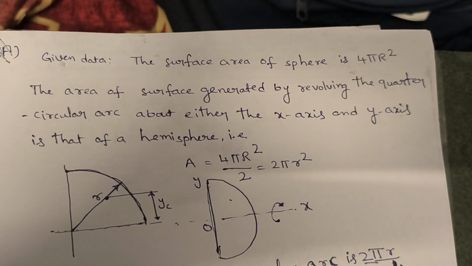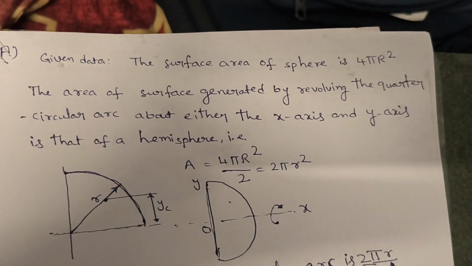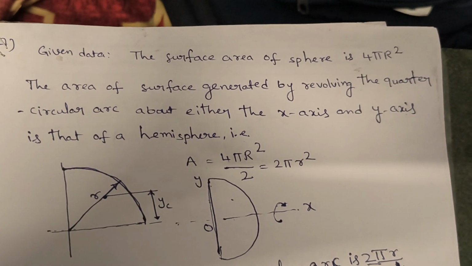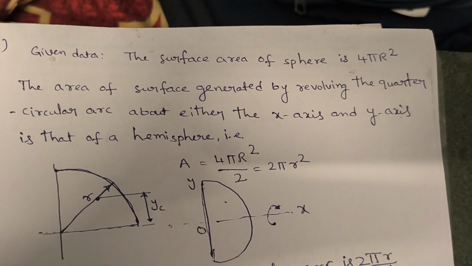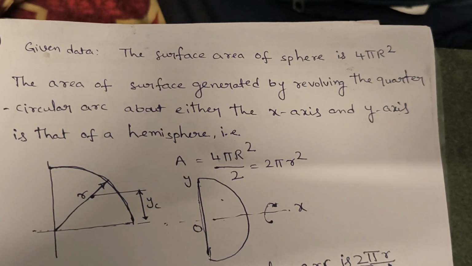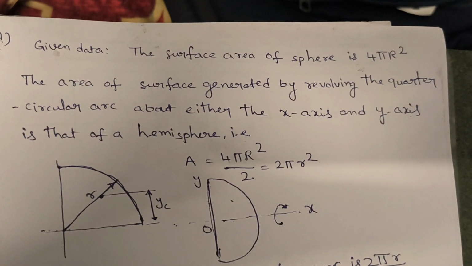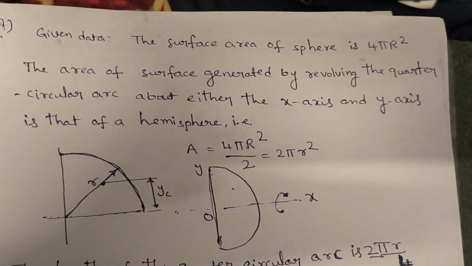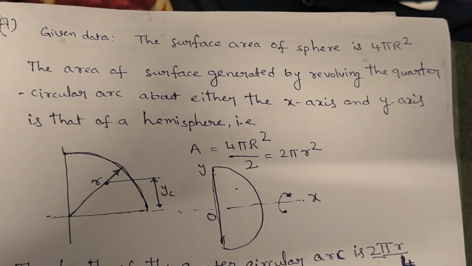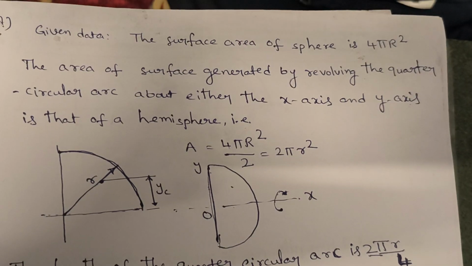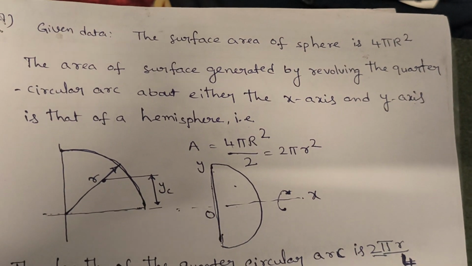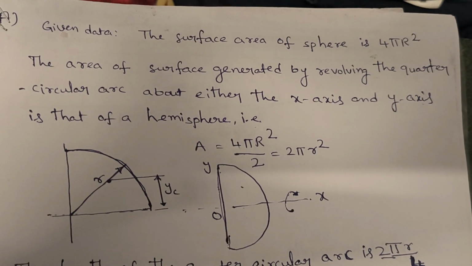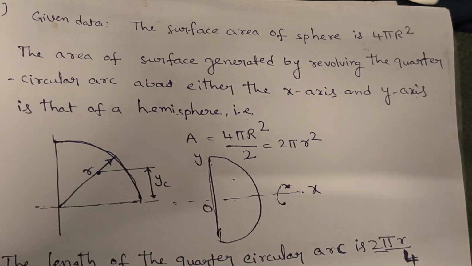The area of the surface generated by revolving the quarter circular arc about either the x-axis or y-axis is that of a hemisphere, so only half of the sphere will be formed. The generated surface area is 2 pi r square, because 4 pi r square is for the entire sphere and 2 pi r square is for half of the sphere.